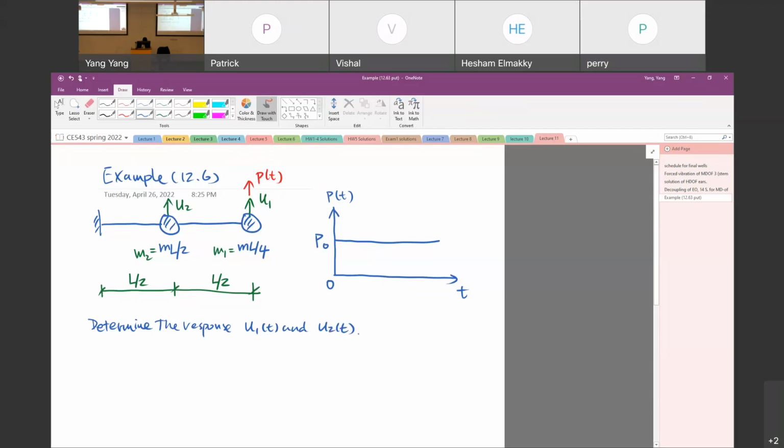Note that E is 29,000 ksi. It's a steel beam. The moment of inertia is given.